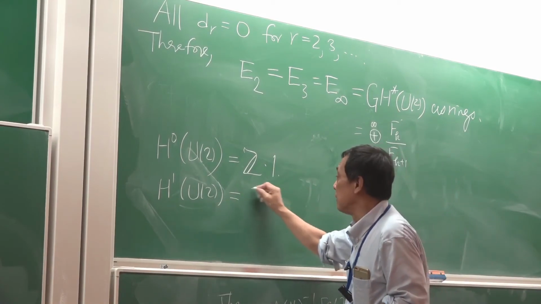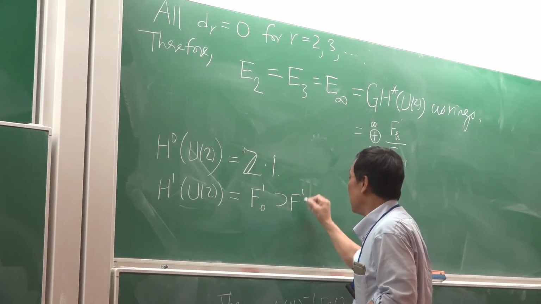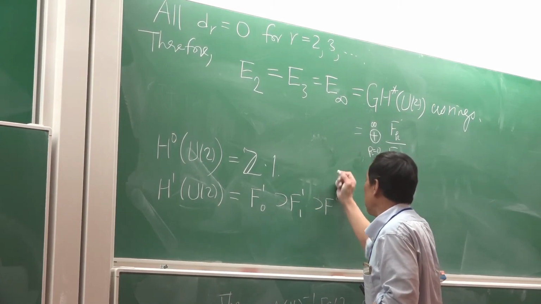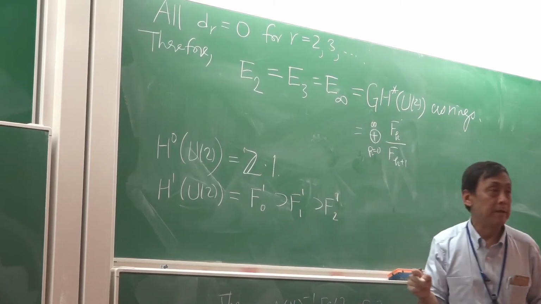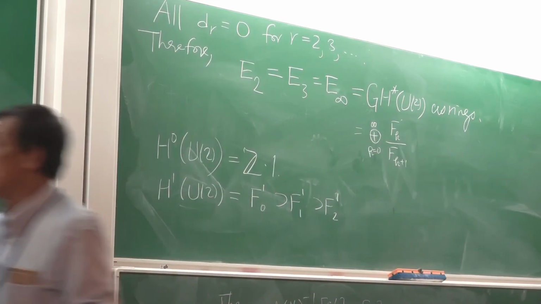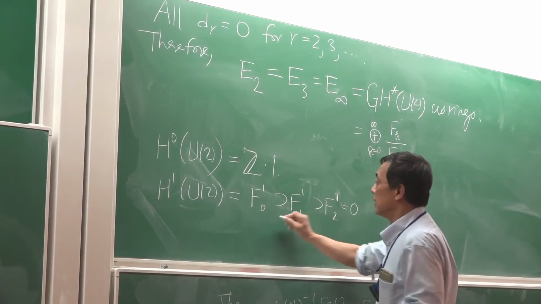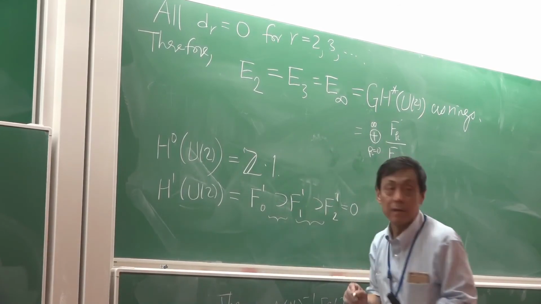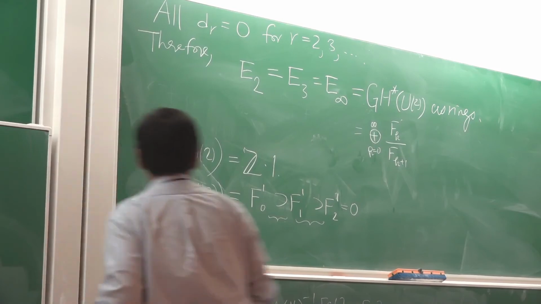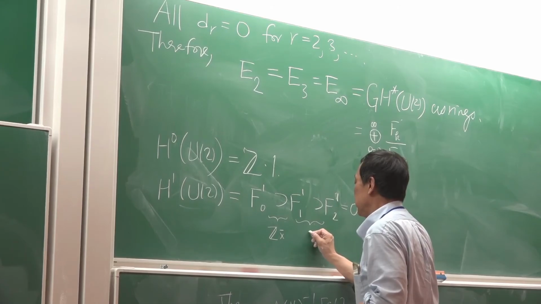So in degree 1, I have F10, which contains F11, which contains F12. The top degree is the degree of the cohomology. And I have two quotients, so this is 0, and these are the two boxes. This box is Z x bar, and this box is 0.